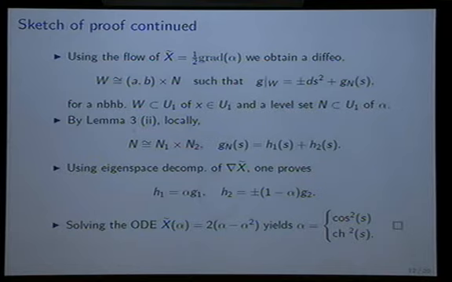No, no s square. The coefficients are cosine square and sine square in this double warped product, or hyperbolic cosine square and hyperbolic sine square. And then we have the relation cosine square plus sine square equal to 1. So 1 minus alpha is the other coefficient, so 1 minus cosine square is sine square, so we get both. In fact, after a shift, cosine is the same as sine.